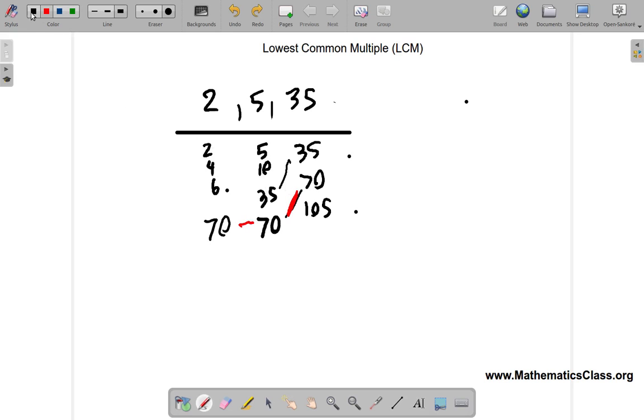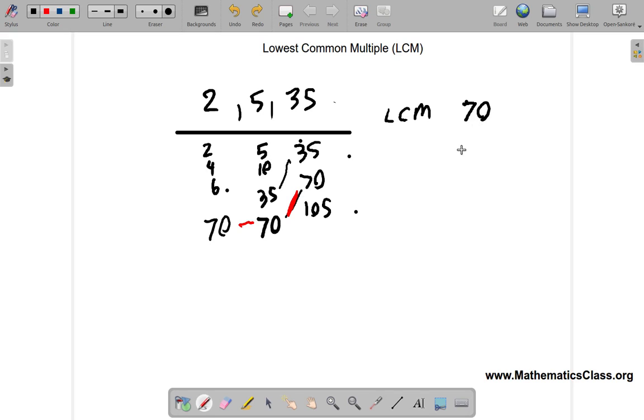So far we are identifying 70. Alright. The lowest common multiple we have here is 70. There is no other number lower than that can be divided directly by 2, 5, and 35. So the LCM of 2, 5, and 35 is 70.